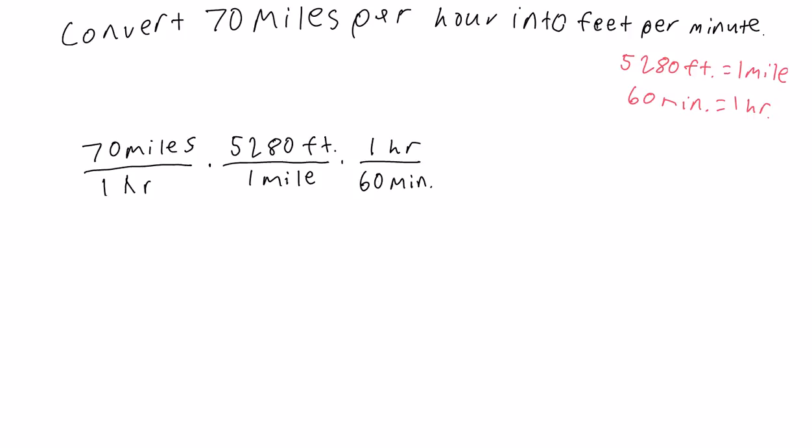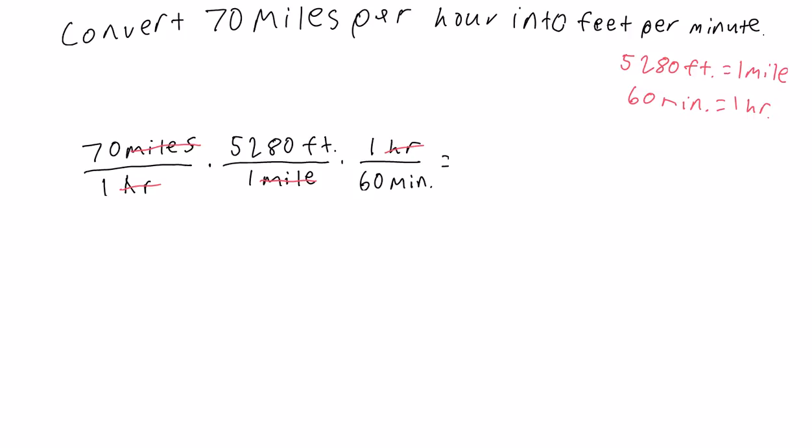So now when we go to do this out, we see which units cancel. Miles, mile, hour, hour. So we are left with feet over minutes. Feet per minute. That's exactly what we wanted. Now that we know that that was what we wanted, we can do it all out.